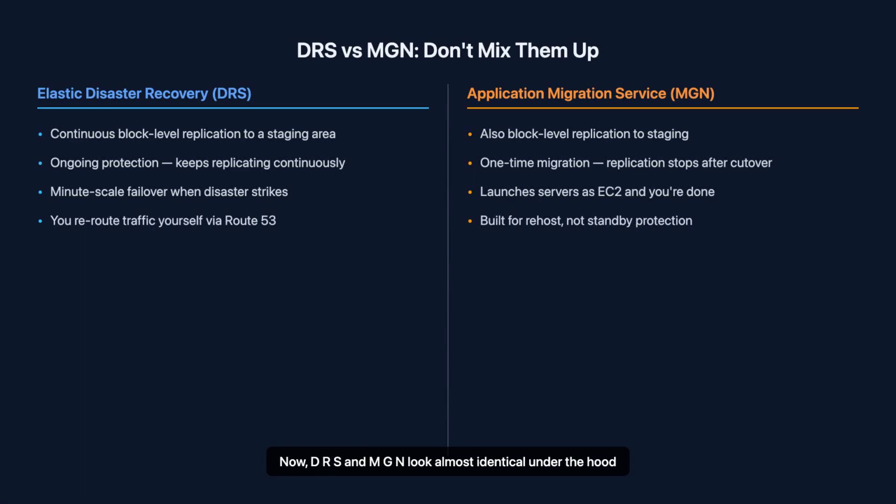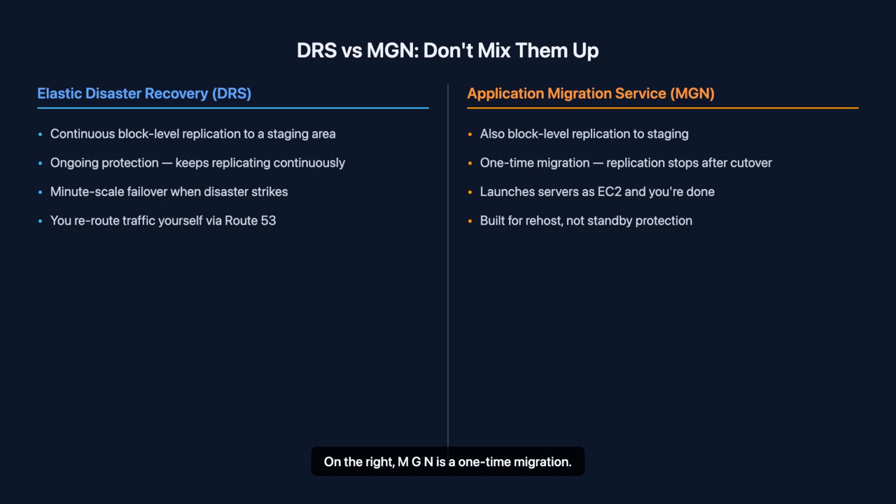Now, DRS and MGN look almost identical under the hood. Both use block-level replication to a staging area, but their purpose is completely different. On the left, DRS is about ongoing protection. It keeps replicating continuously, gives you minute scale failover when disaster strikes, and you reroute user traffic yourself using Route 53.